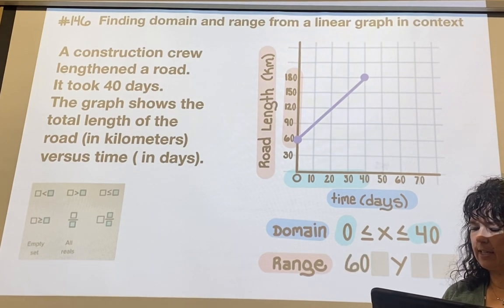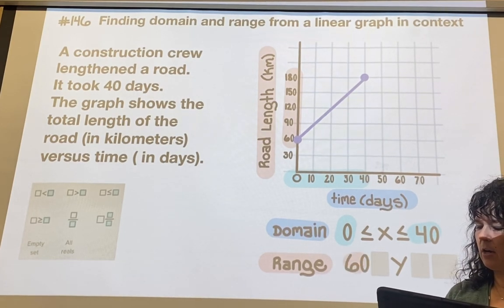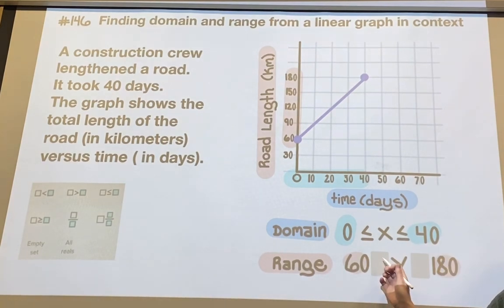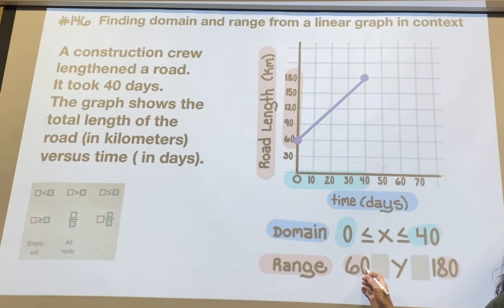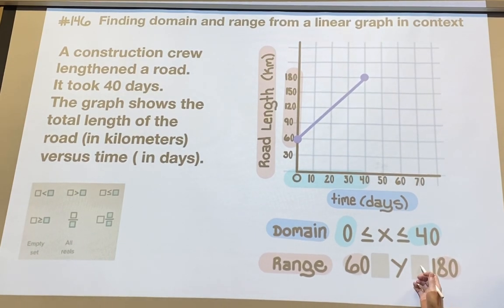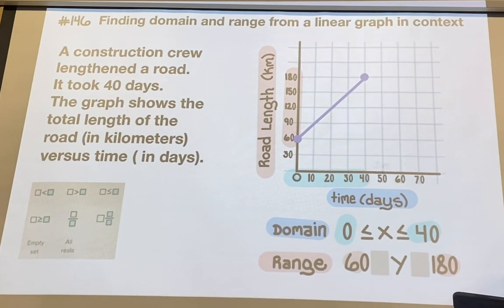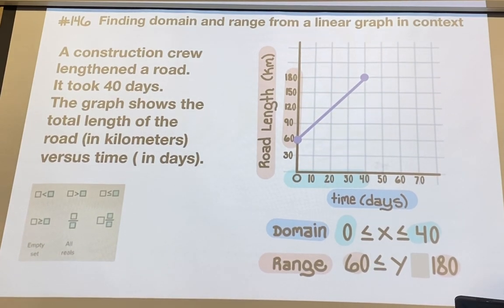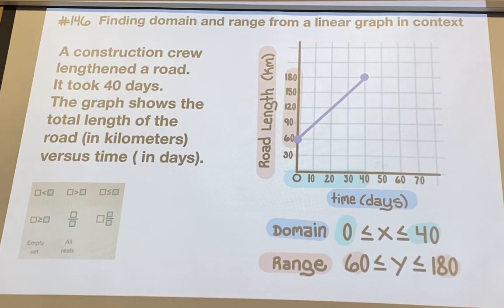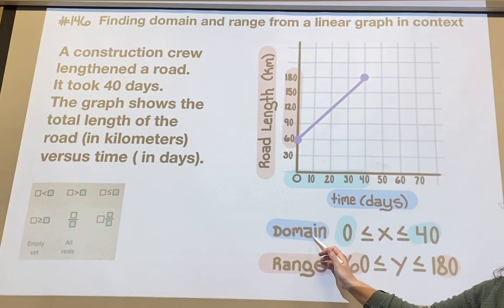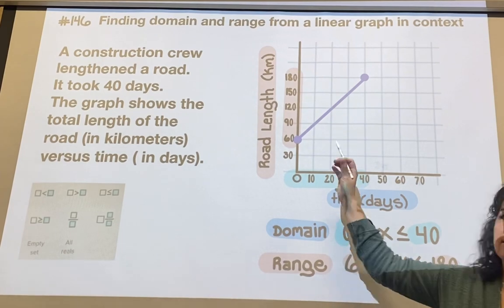Our Y's are gonna be bigger than or equal to 60, and smaller than or equal to 180. So just notice I'm looking at the X-axis for my domain, and I'm looking at the Y-axis for my range.